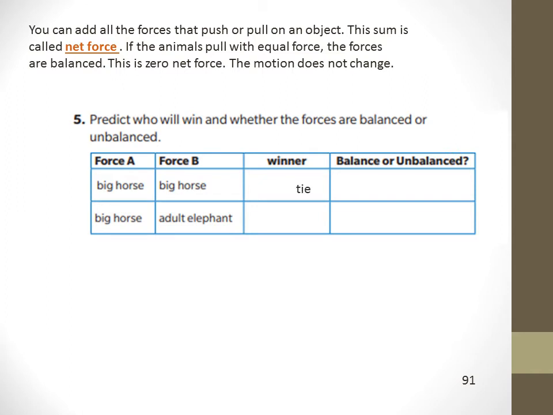Of course, we will have a tie because the forces are balanced. Now, force A, big horse. Force B, adult elephant. Who will win? Of course, the adult elephant will win because the forces are unbalanced.